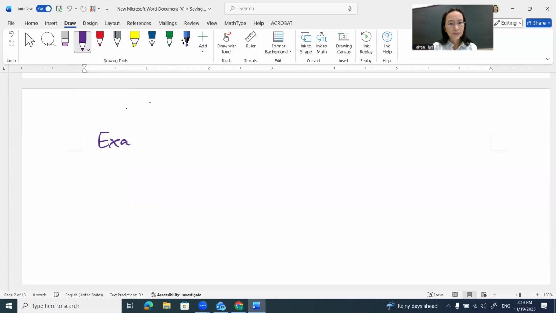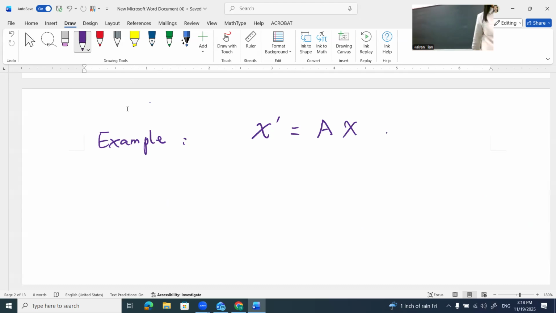Here's an example, and we're going to look at x prime equals Ax, where I have a matrix A.